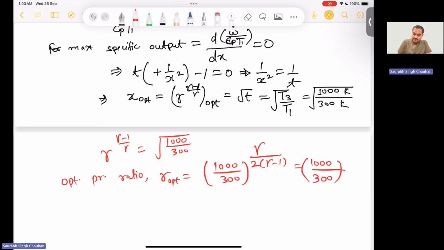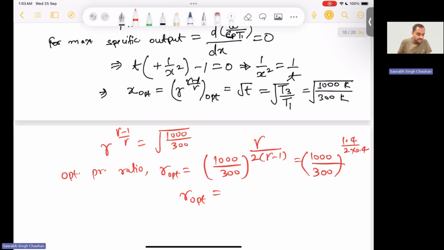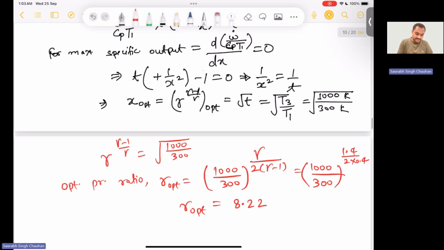So you can just substitute the values and calculate the optimum value of pressure ratio. I have calculated this value and it is coming 8.22. So I request you to please check this calculation, and if there is any mistake, please let me know.